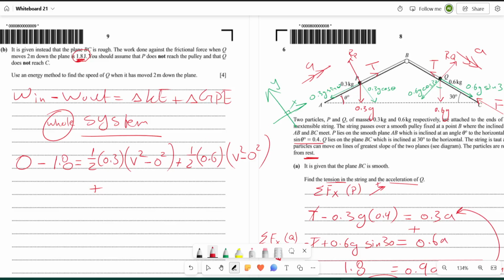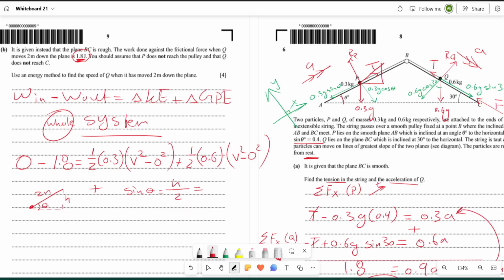So think about P. P moved 2 meters up the slope. So this is P. It moved 2 meters up the slope. And this theta, we know what sine theta is. Let's call this H. H is what we are interested in for gravitational potential energy. Sine theta is opposite over hypotenuse, which is 2.